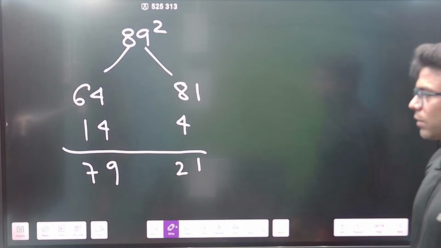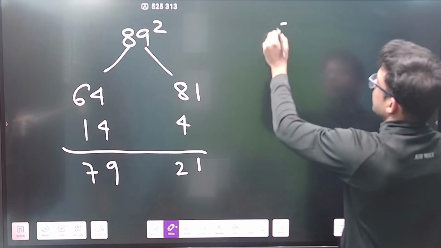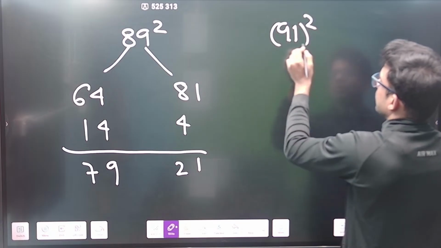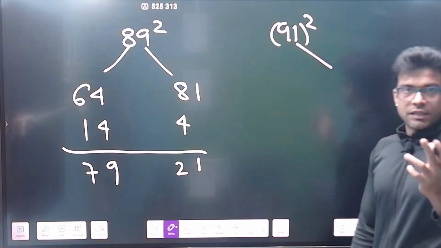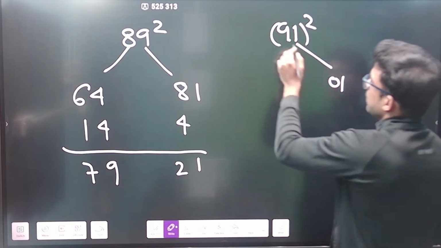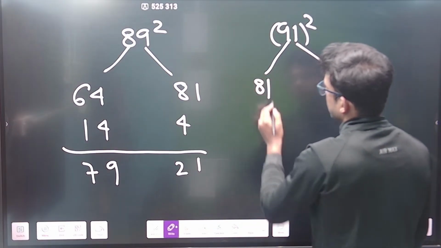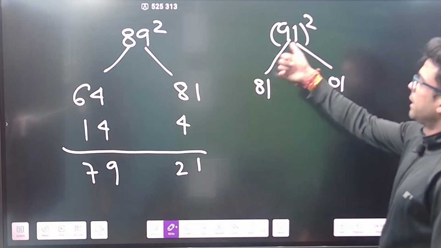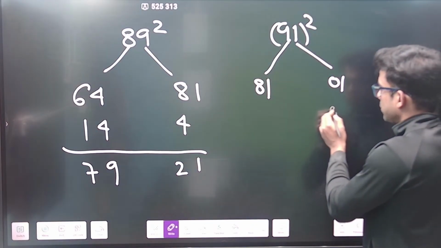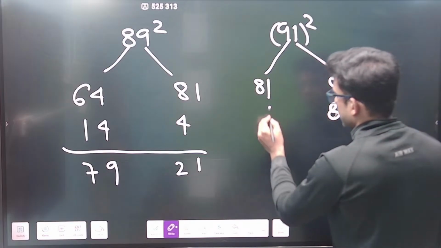Simple. Let's get one more example like 91 ka square. Always take a 2-digit number. 1 ka square is 01. 9 ka square is 81. Now 9 into 1 is 9, 2s are 18. So write down 8 here, write down 1 here.